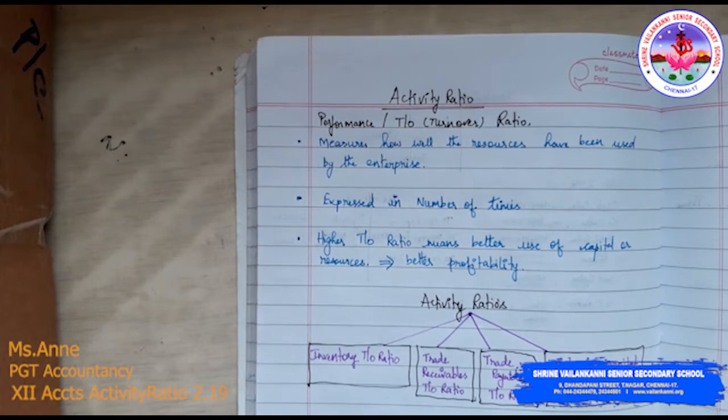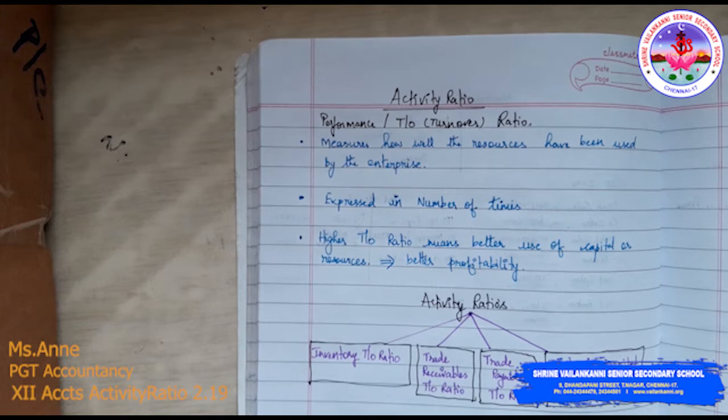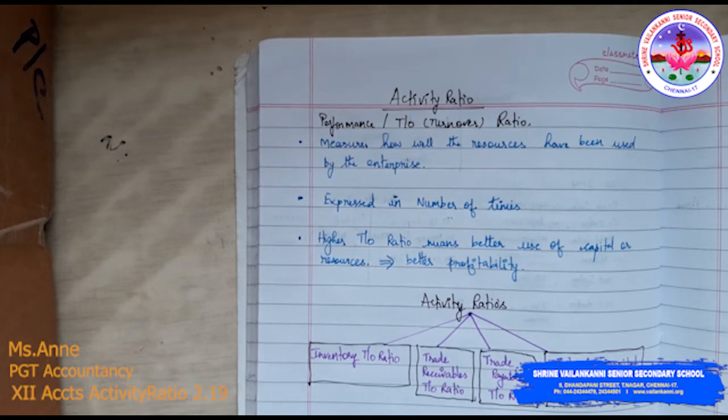We are at the start of a new ratio called the activity ratio. Now, there are various activities related to the business. For example, your purchase of inventory, the collection of debts from the debtors, payment to the suppliers, and finding the working capital, how much cash is needed to run the office in day to day activity.